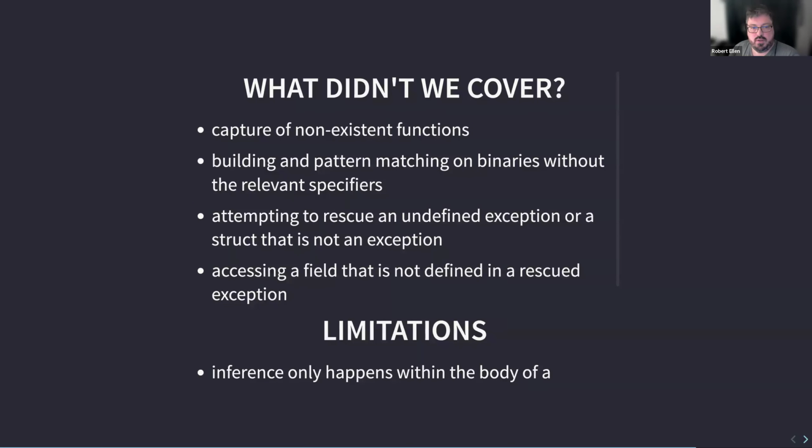There are a few little features in 1.17's type system that we didn't cover, along with trying to invoke functions that don't exist. There are warnings around capture of non-existent functions, which is kind of the same. There are warnings around building and pattern matching on binaries.